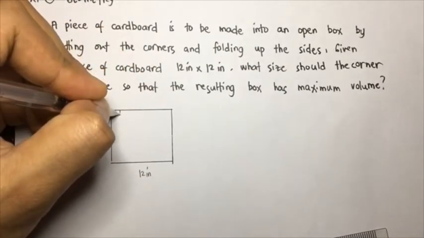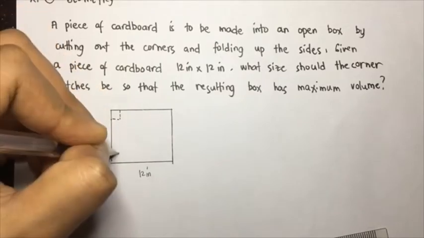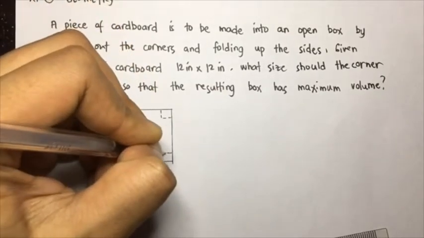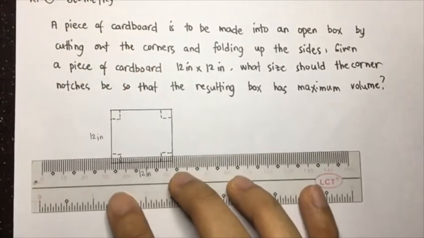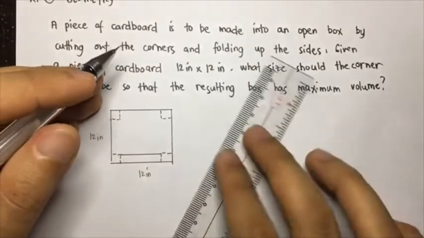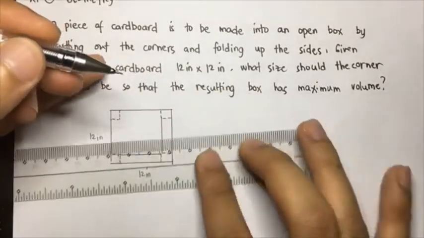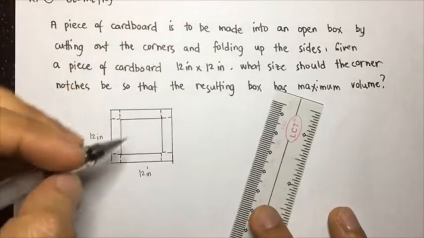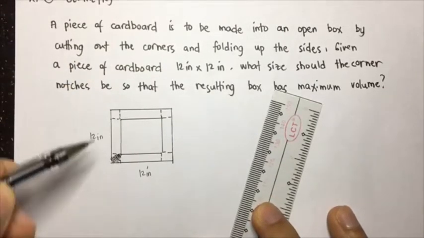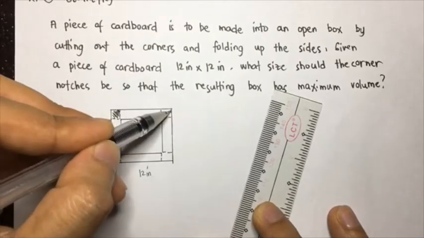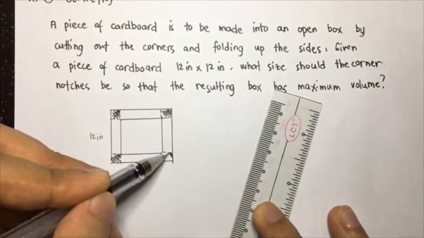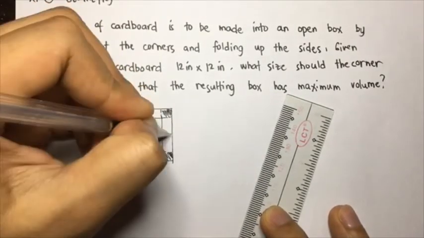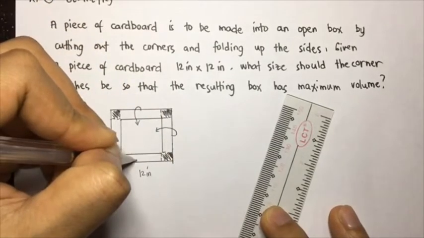So these are our cutouts, and it will become like this. We will cut out these parts, and then these sides will be folded upwards.